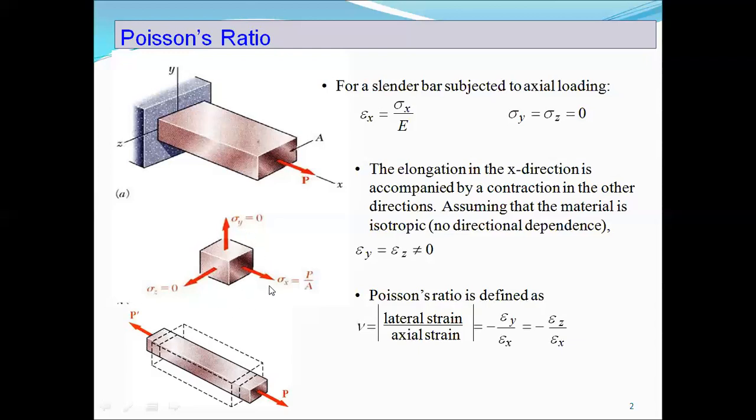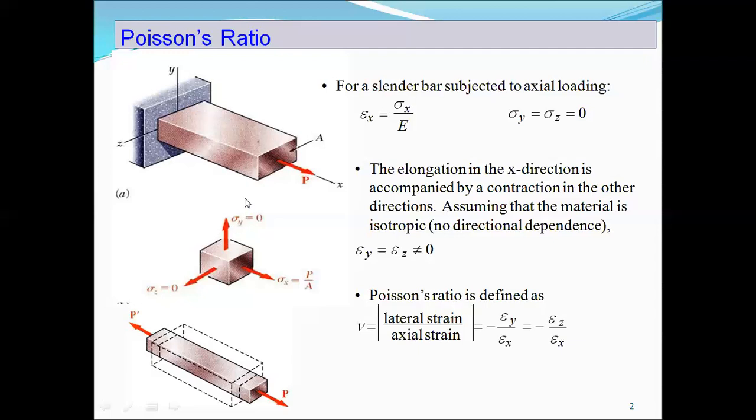So you could see that we have stress sigma x, which is P by A, that is load by cross-section area, resisting area. However, sigma y is 0 because there is no load in the y direction, and there is no load in z direction, so sigma z is again 0.